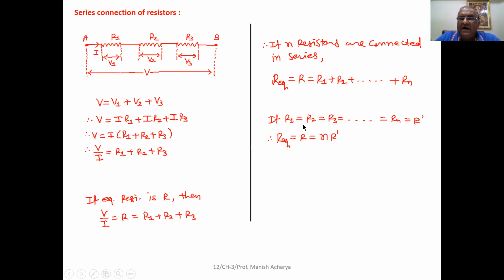So if R1 equals R2 equals R3 up to Rn equals R dash, then the equivalent resistance R equals nR dash. And here always remember this thing. In series connection of the resistors, the equivalent or the resultant resistance will be greater than the largest one connected in this combination. Clear to all of you?